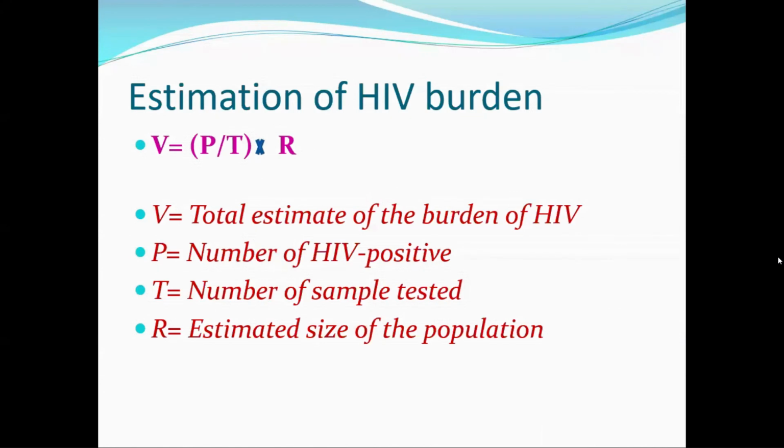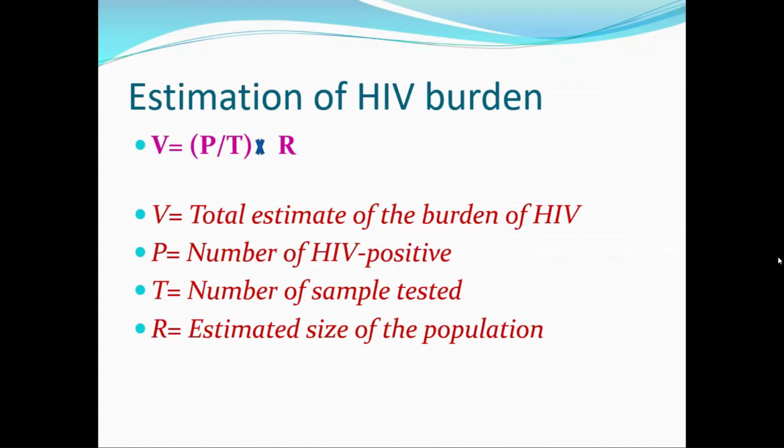The problem may be big, or it may be small. Nepal is facing a concentrated epidemic, where in high-risk populations or defined subpopulations the prevalence of HIV is more than 5%, but in pregnant women of urban areas the prevalence is less than 1%.